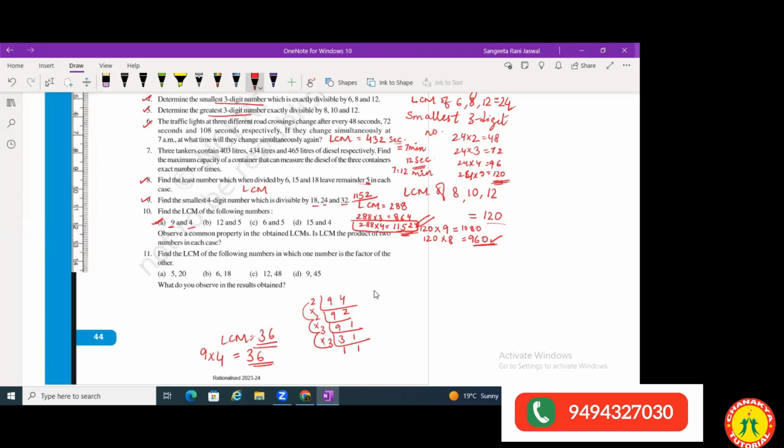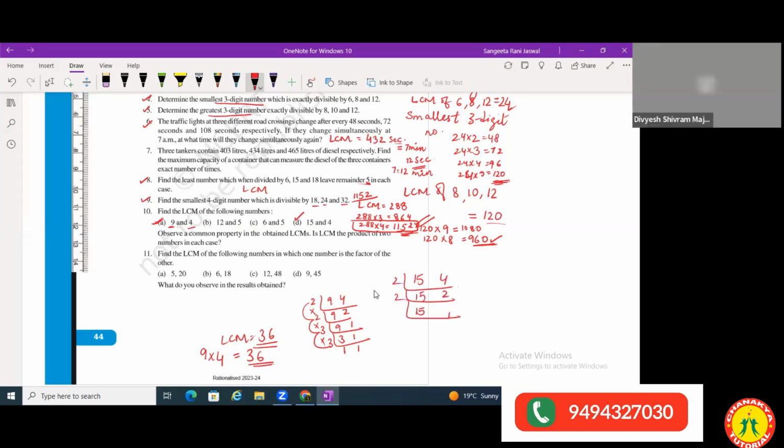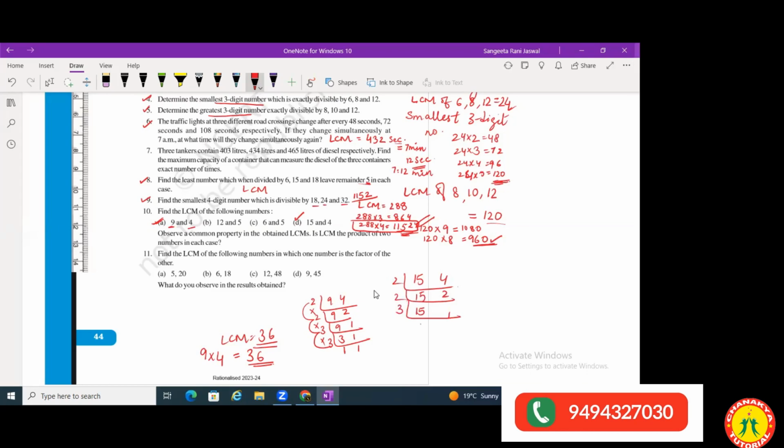Suppose I take the numbers 15 and 4 and find the LCM of 15 and 4. I take down 15 as it is here. 3, 3 5s, then 5.